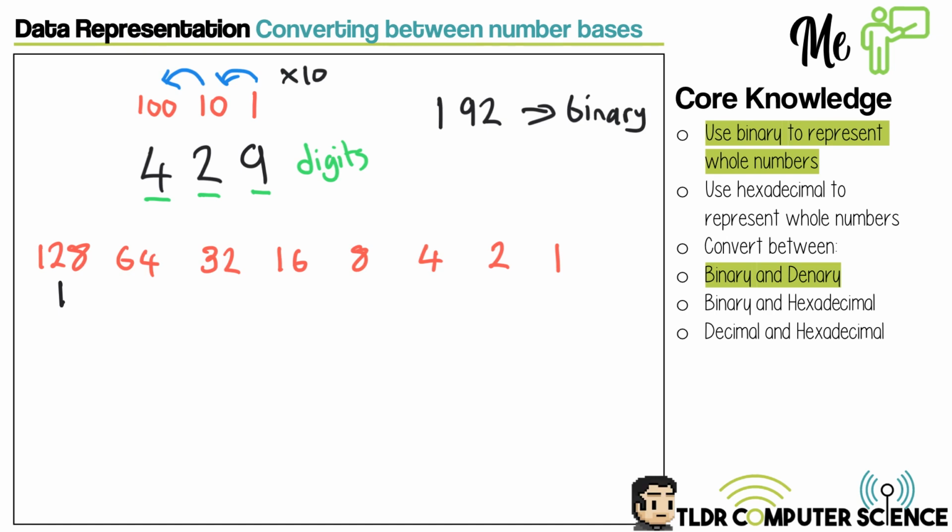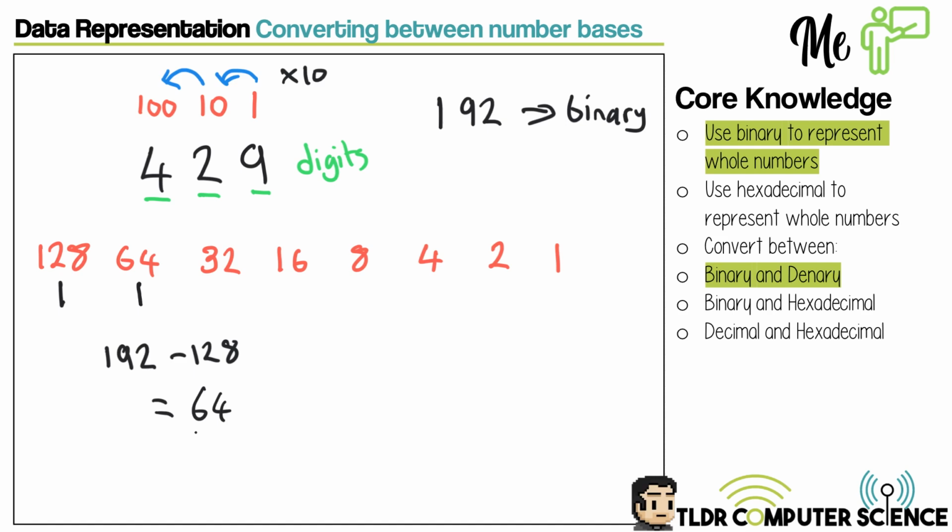Now, because you've poured 128 into there, you take 192, take away 128, leaving you with 64. And now, because we've only got 64 left, we can say, does 64 here fit into 64? Well, it does, and conveniently it fits perfectly.